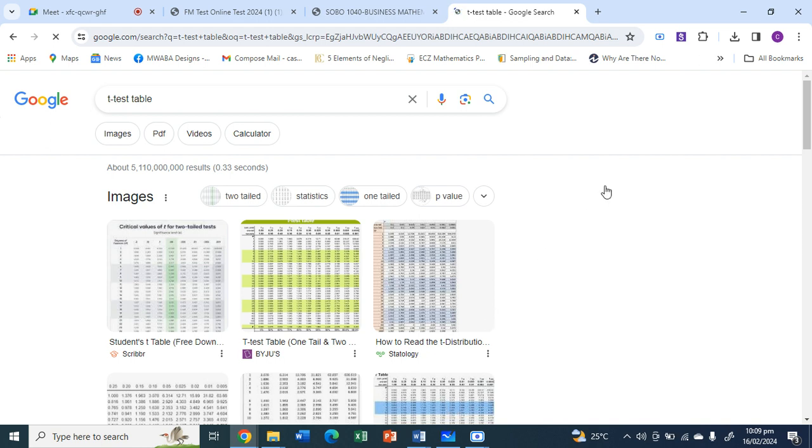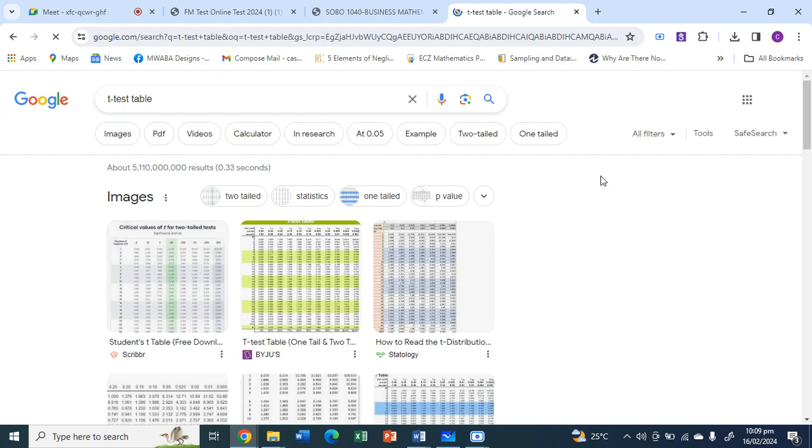Let it just load. So yes, you compare the test statistic to the critical value, which you find on the t-table.